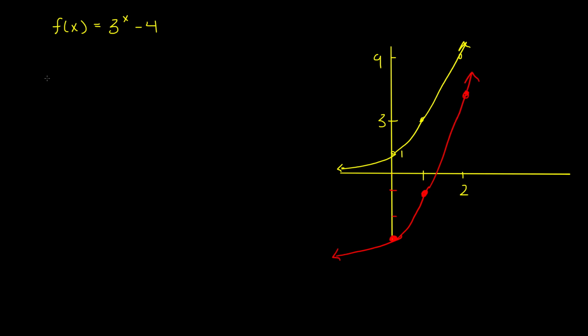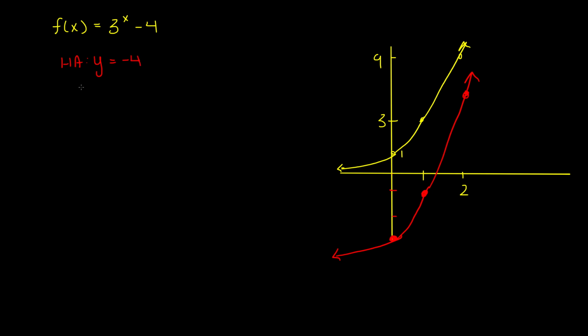Now here we have a change in our asymptote. We are no longer approaching 0 in this case. We are going to be approaching k. So my horizontal asymptote for my transformed function is y equals negative 4.